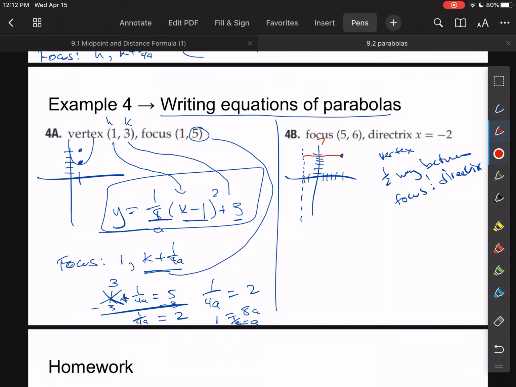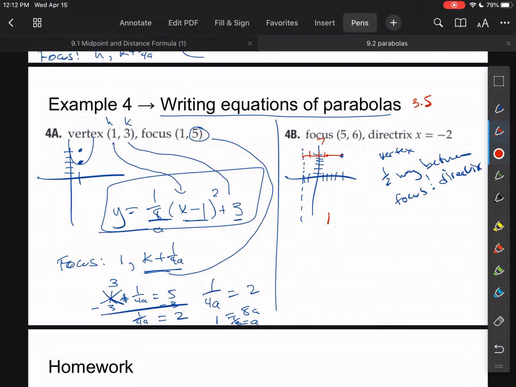Half of 7 is 3.5, so I'm going to count up 3.5 from -2. That would be -1, 0, 1.5. So at 1.5 I have my vertex, and that's in the x direction. My y direction will not change.